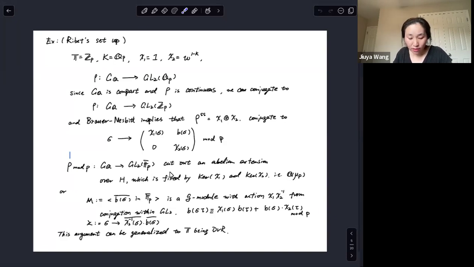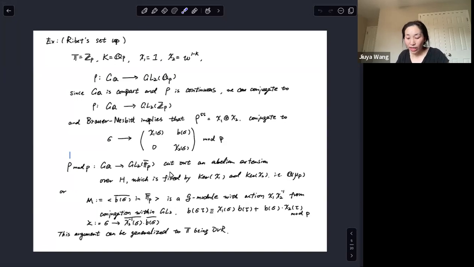And then the Brauer-Nesbitt theorem tells us that the semi-simplification of this representation is just determined by these two eigencharacters.